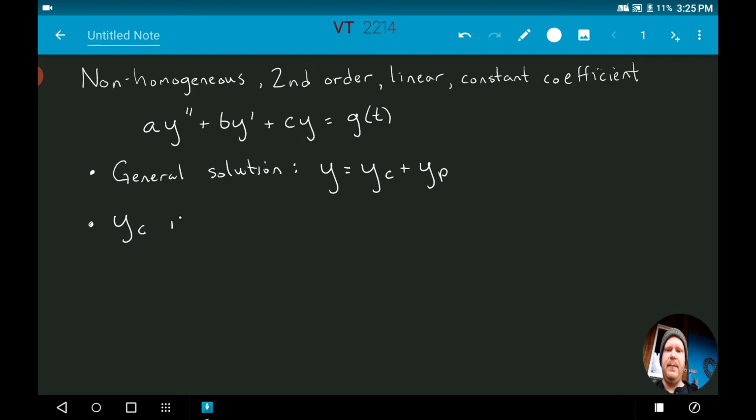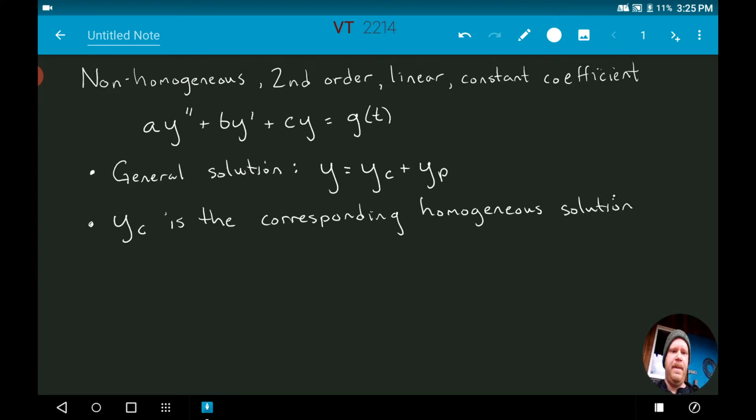So yc is what we'll call the complementary, or the corresponding, homogeneous solution. What I mean by that is we just pretend that this is homogeneous. So we set g of t equal to 0 and solve for it. We saw how to do that in the last video. And that'll be our yc. So yc is going to look like c1y1 plus c2y2.